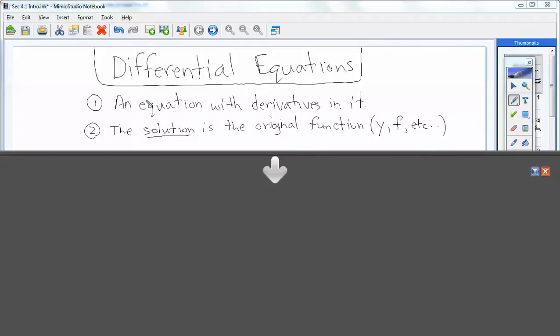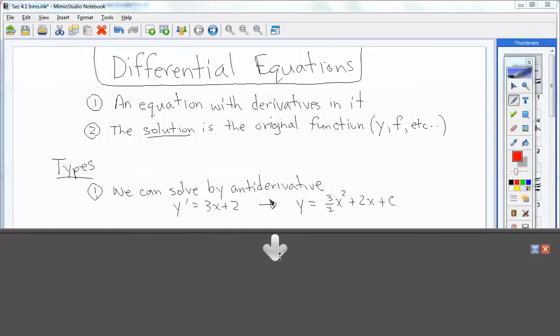Okay, so first of all, review this. A differential equation is an equation with derivatives. The solution to a differential equation is the original function, f, y, p, whatever. We had 3 types of differential equations, right? We have the type we can just solve by doing an antiderivative. So if you have y prime equals 3x plus 2, we can just do the antiderivative straight away.